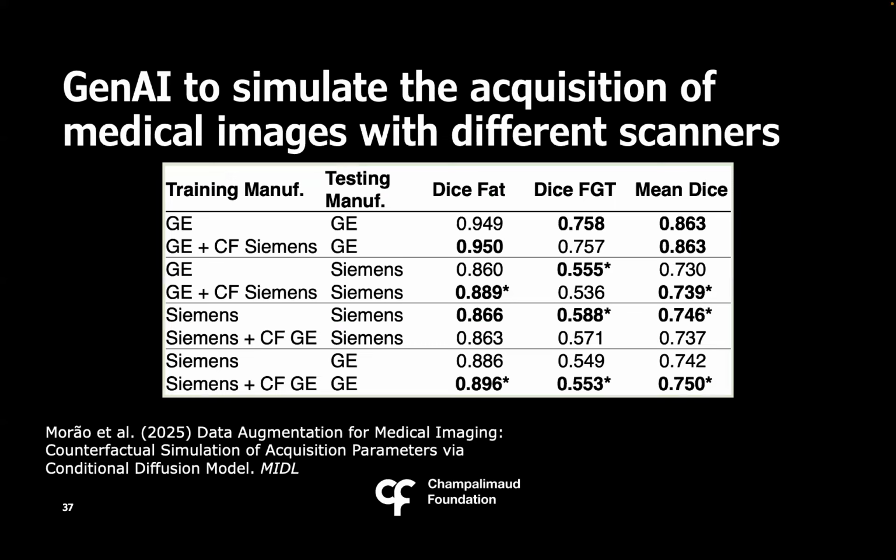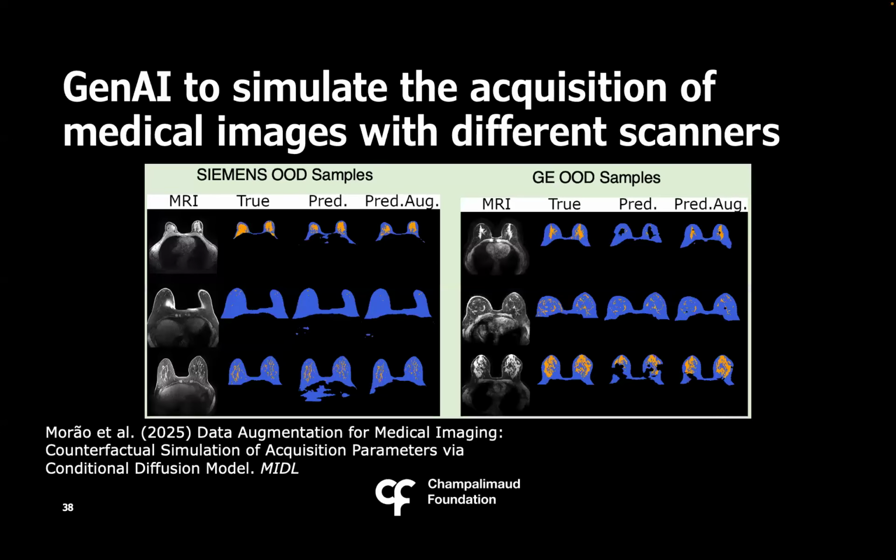We didn't see an improvement always when using the counterfactual. We saw it for some use cases. For some use cases we didn't see it, but the sample size was also smaller. Again, the problem with data. But here we have the result of the prediction with the counterfactual augmentation, where you can see the improvement.